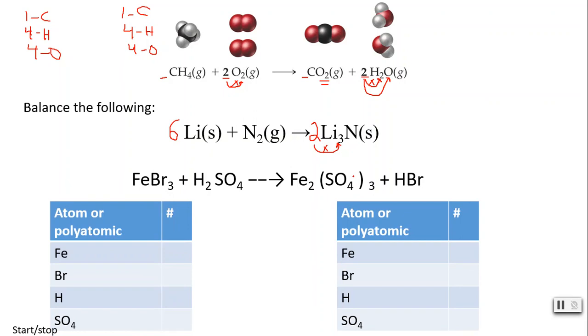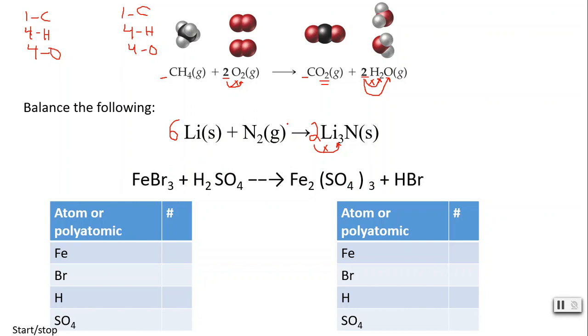And then that helps you keep track as to how much you have on the reactant and product side, and then you can change the appropriate column as needed. What do I mean by that? So I have this second example too of FeBr3 reacting with H2SO4 to give me Fe2(SO4)3 and HBr, and I need to balance this chemical equation.